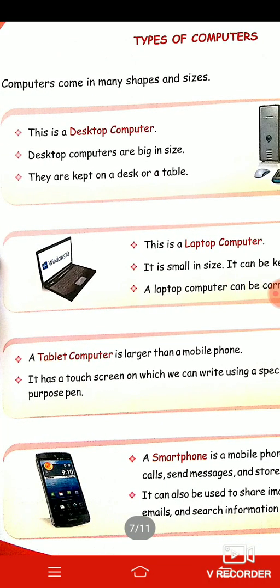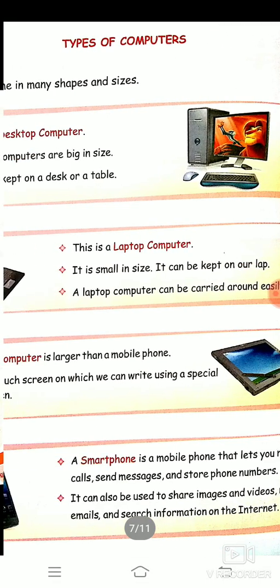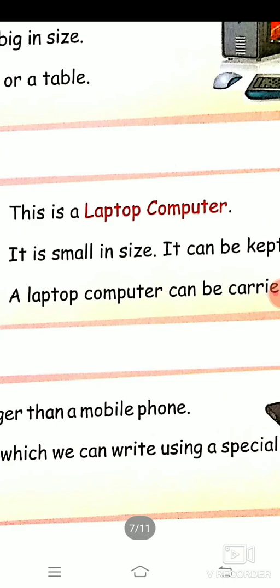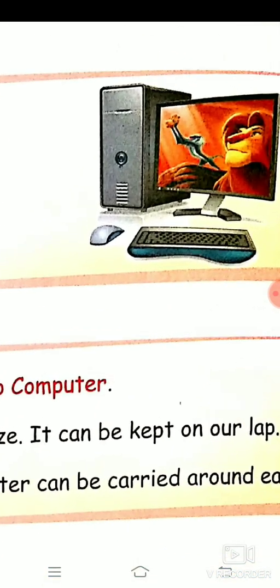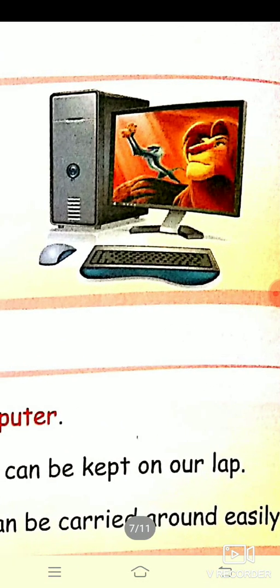Desktop computers are big in size if we compare them with laptop and tablet computers. So these computers look large in size and they are kept on a desk or a table, as I was saying.